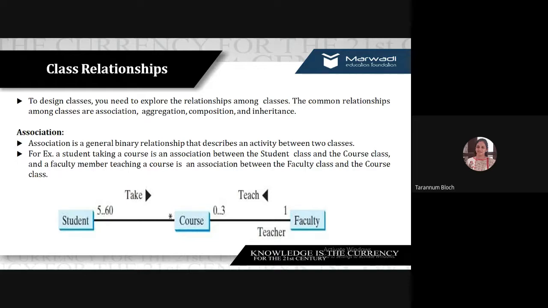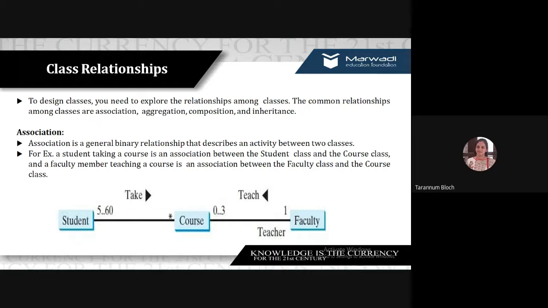If we talk about the first relationship, association, we say association is a general binary relationship. Binary means 2, so association is usually between 2 classes. For example, student and course, 2 classes. Or course and faculty, 2 classes. Association is a general binary relationship that describes the activity between 2 classes.